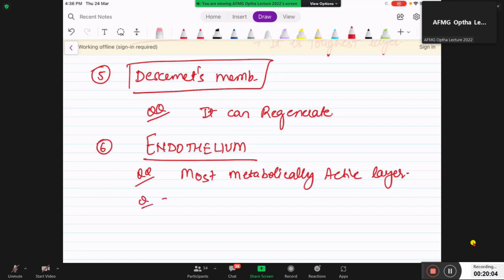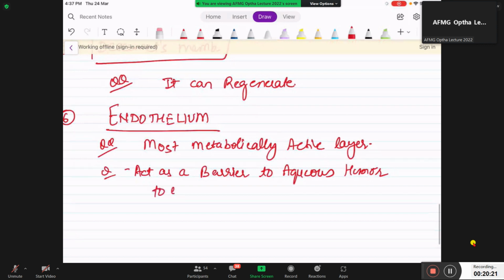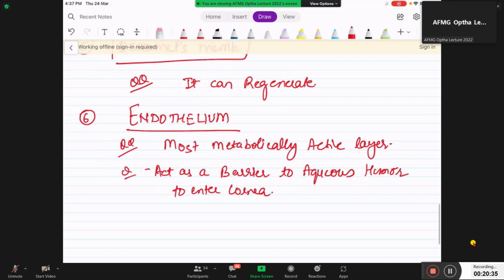Next important point, write down that this endothelium acts as a barrier to aqueous humor, to enter the cornea. What does it mean now? Have you written it? Endothelium.